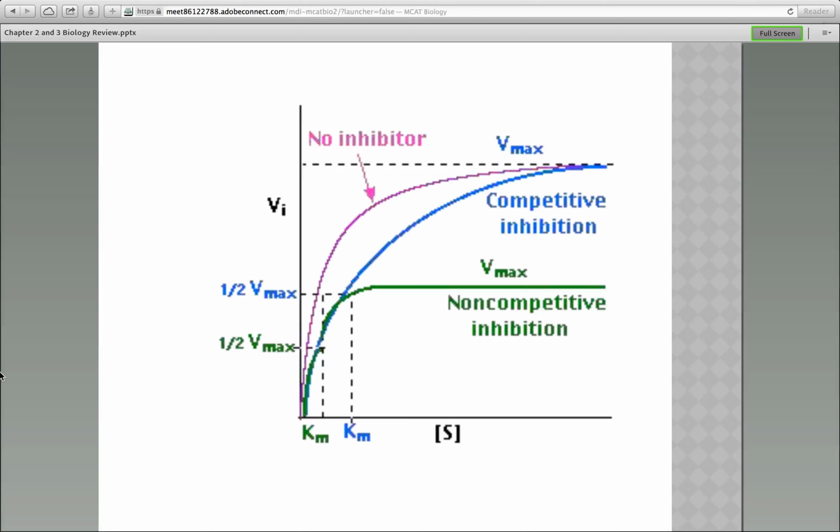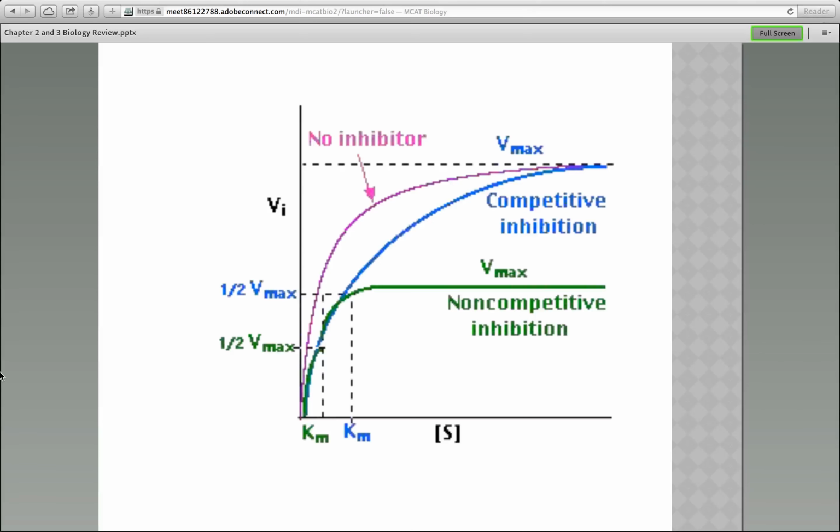So, if you have competitive inhibition, and I want you to understand this, one easy way to remember it: as long as the active site is occupied, whether with substrate or with a competitor, you can eventually reach Vmax.